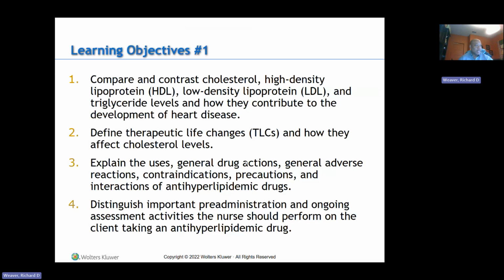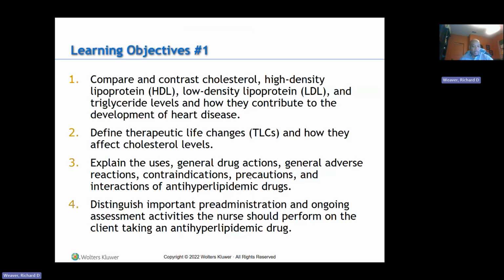of antihyperlipidemic drugs. And really take a look at that word. It's a long word, but think about it: anti will be against, and hyper will be high, lipidemic, and that is high levels of lipids in the blood, right? High levels of lipids, basically cholesterol in the blood.